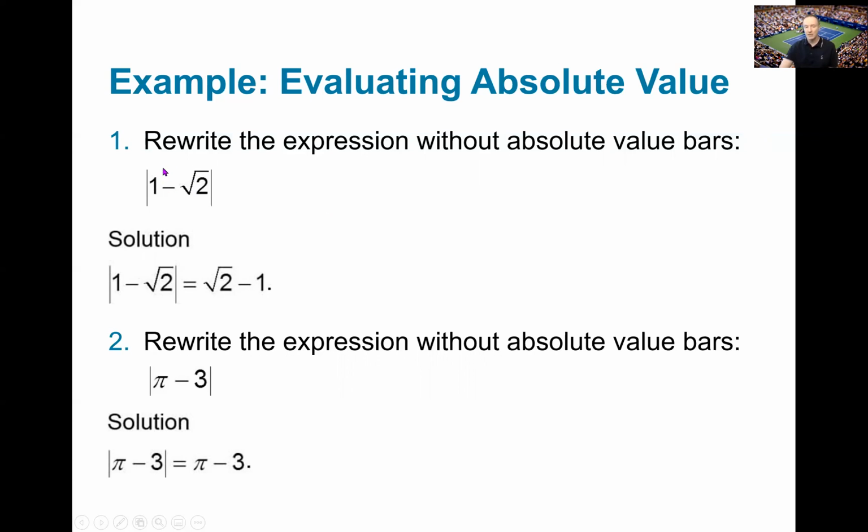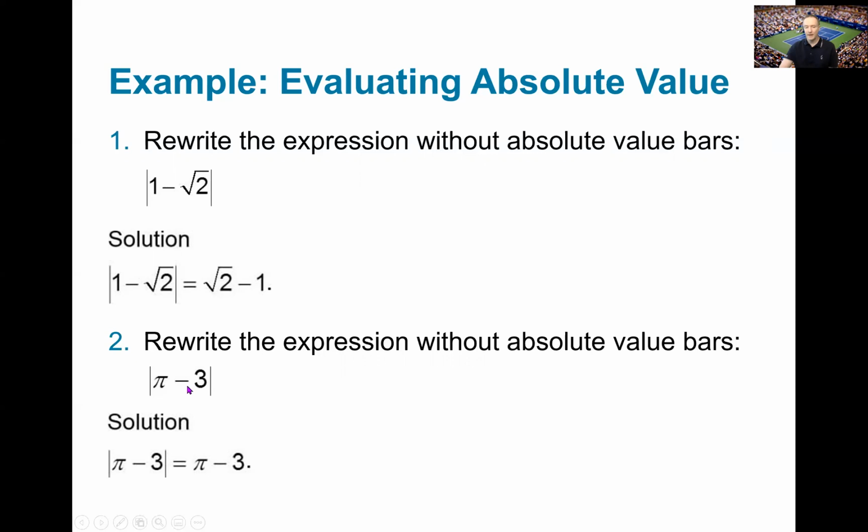So if you're changing the sign of the answer once you simplify, then you can just change the sign of both terms within and say, okay, then it would be negative 1 plus the root of 2, which would be fine. Or you could just say the root of 2 minus 1. It looks a little better. So the absolute value of 1 minus the root of 2 is the root of 2 minus 1, because that absolute value is going to change the sign of that expression.